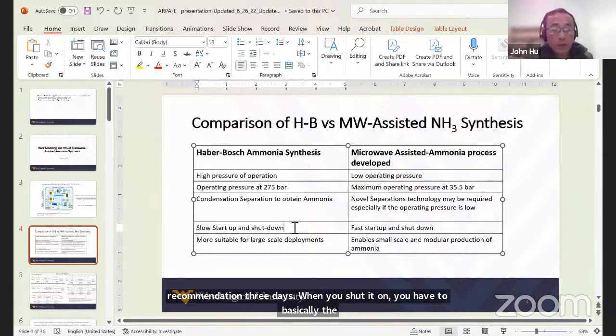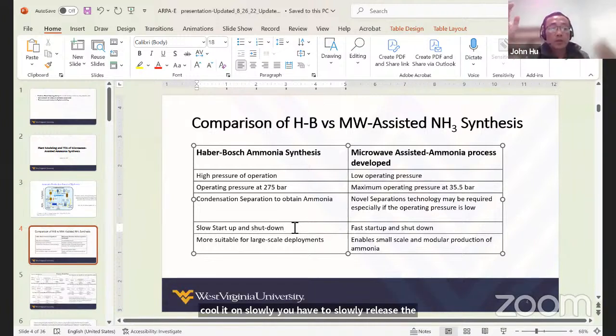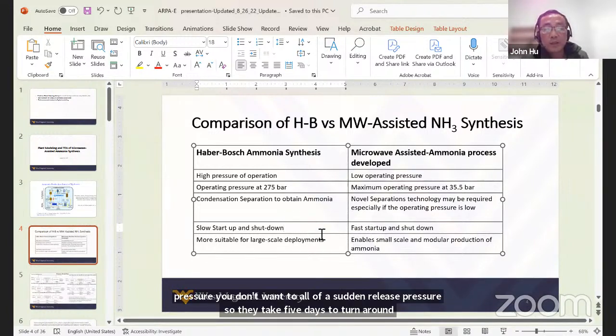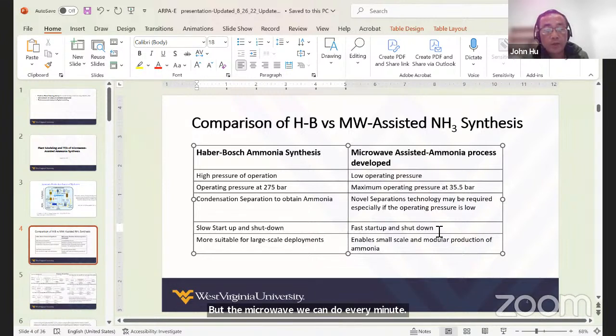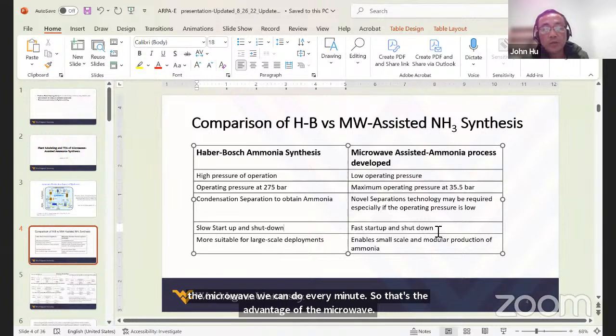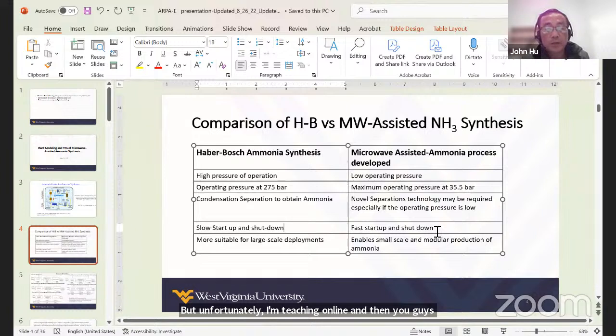You have to slowly release the pressure. You don't want to release pressure all of a sudden. So it takes 5 days to turn around, but with the microwave, we can do it within a minute. That's the advantage of the microwave. But unfortunately, I'm teaching online, so you do not have a chance to visit my laboratory. It's a very fast start up and shut down.